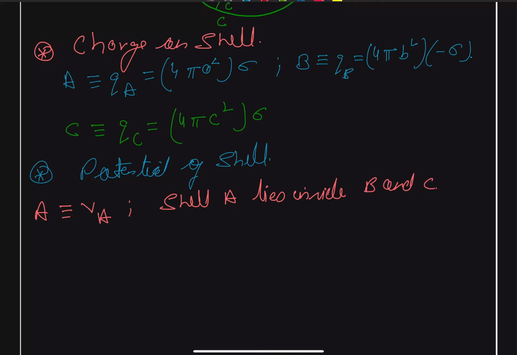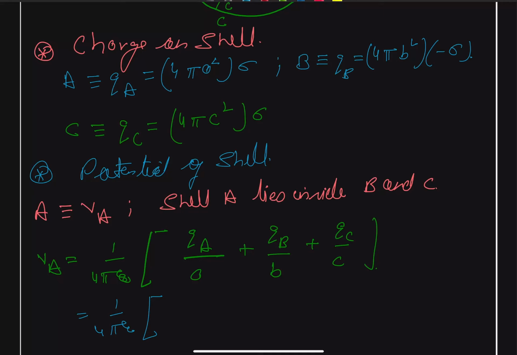So therefore we can say that our VA will be equal to 1 upon 4 pi epsilon naught, and this comes as QA divided by A plus QB divided by B plus QC divided by C. Now we substitute the values of QA, QB and QC, and we get 1 upon 4 pi epsilon naught.